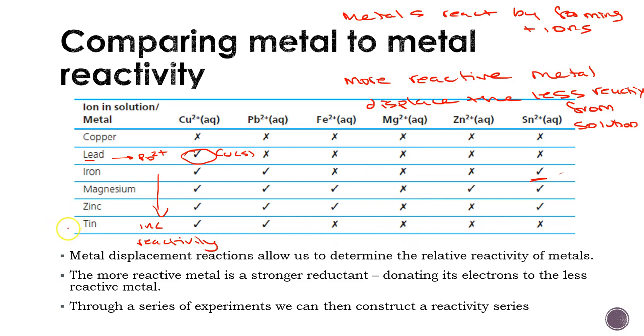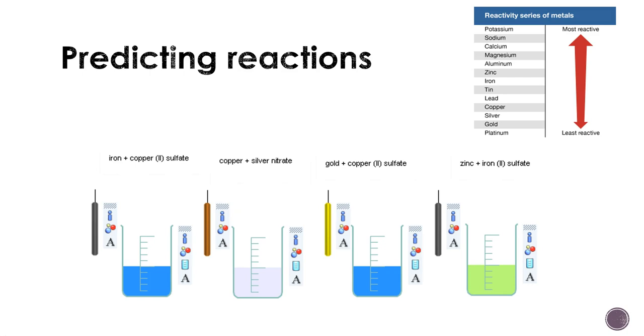So from this, we can see where tin might fit in the reactivity series, in that tin is likely to fit in somewhere up here between lead and iron, because tin is able to displace lead, but it can't displace iron, so it would be between iron and lead in a reactivity series. So this is what we're talking about when we predict reactions.